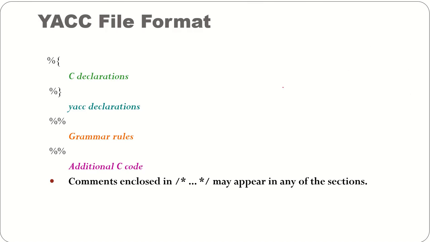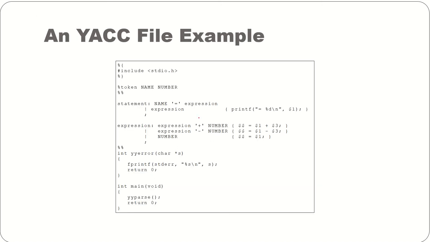This is the general format of a Yacc file: declaration part, grammar rules, and user subroutines. This is an example of a Yacc specification where we are specifying the grammar. This is the declaration part and this is the user subroutine.